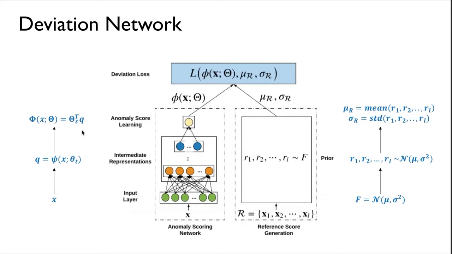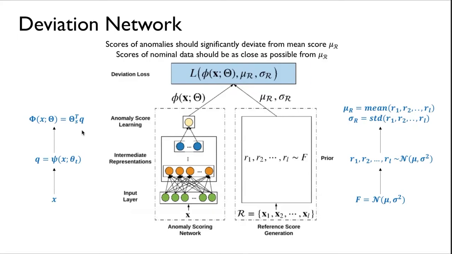Okay, so now we have the score for every data point, and we have the reference score for the nominal data points. If you remember the loss function, what we want to achieve is that the score of an anomaly is significantly different from the mean score mu, and the score of a nominal data point should be as close as possible to this mu value.